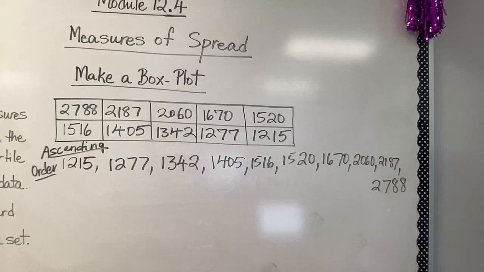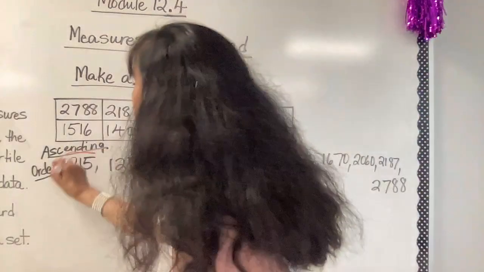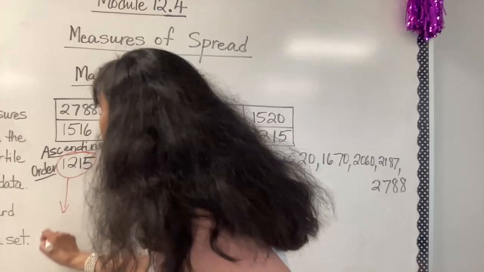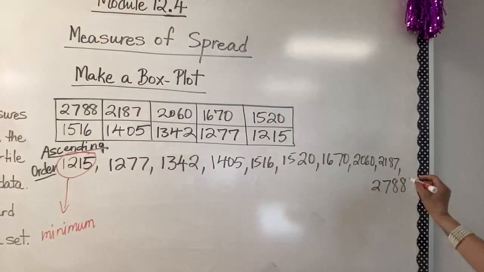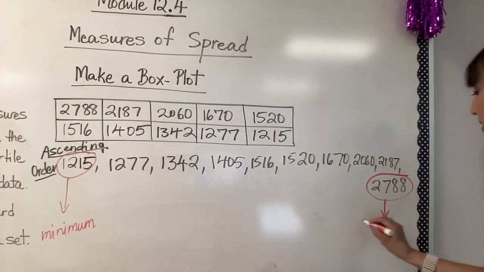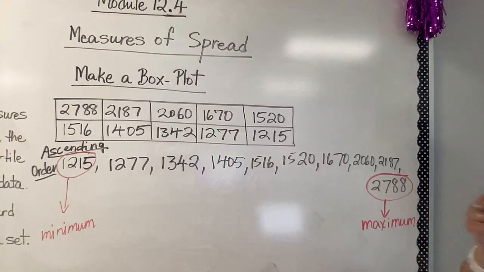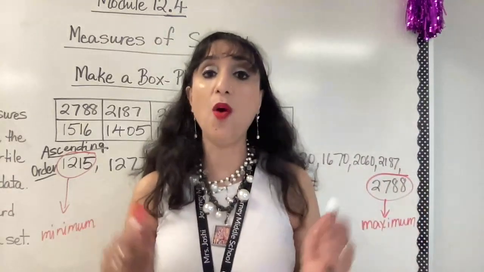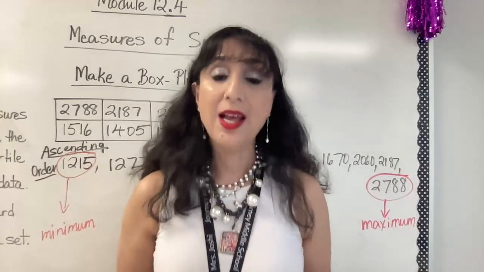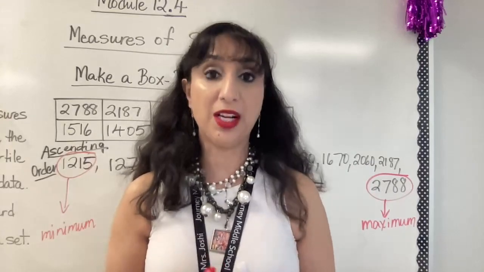Now we are going to do the 5-number summary of the data. So first thing, this is my minimum, and this one here is my maximum. So these are the 2 points. Now since I have 10 numbers in the data set, I know I'm going to have 2 numbers in the middle. And if I get 2 numbers in the middle, I need to find the mean of the middle 2 numbers.